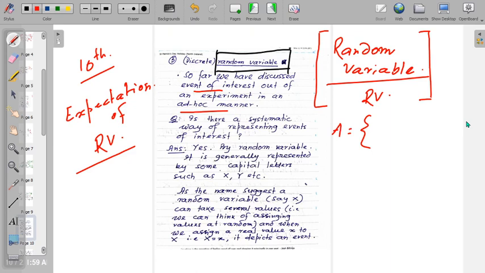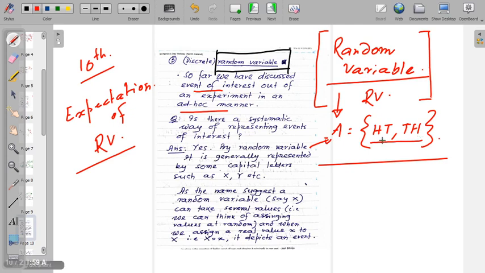Whenever we flip two coins simultaneously, the event of exactly one head comprises HT and TH. That is the event of interest we are taking from the sample space.